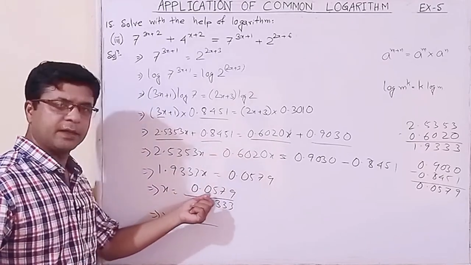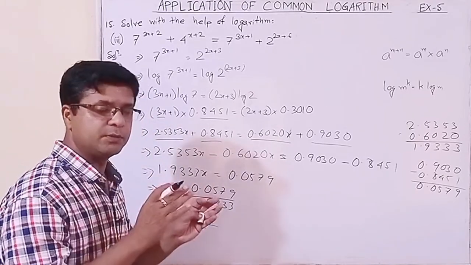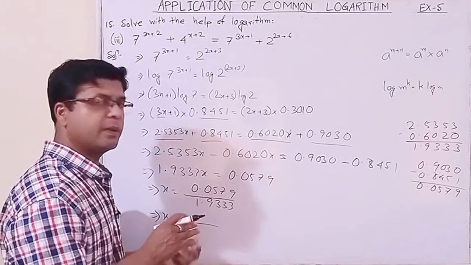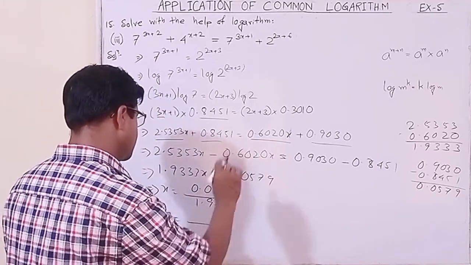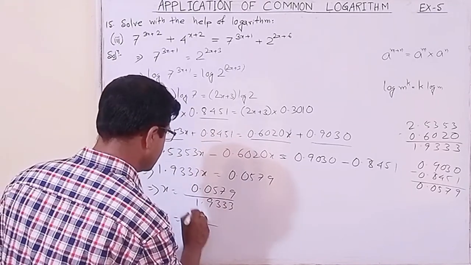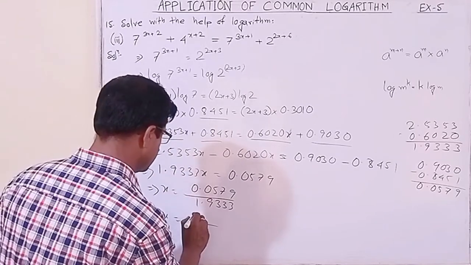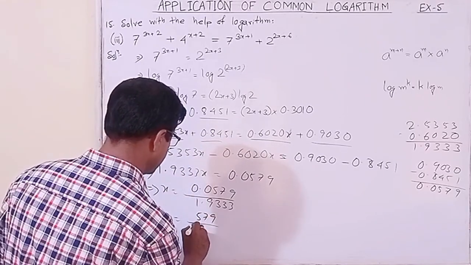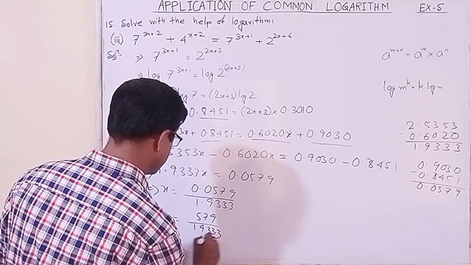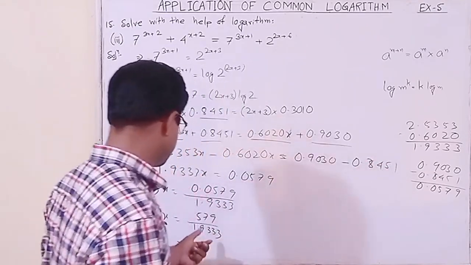Now you see, dear students, how will we simplify further? After the decimal there are 4 digits in both, so let us multiply both numerator and denominator by 10,000. That means the decimal parts will be removed, giving 579 over 19333. Now let us divide it.